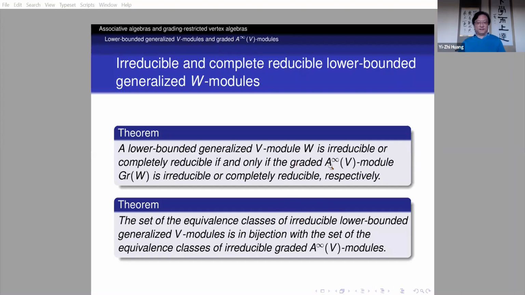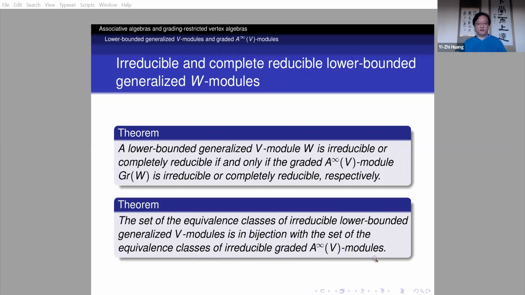Now, another result is that, even for Zhu algebra you will also get this: the equivalence classes of irreducible modules are in bijection with the equivalence classes of irreducible graded A infinity modules.